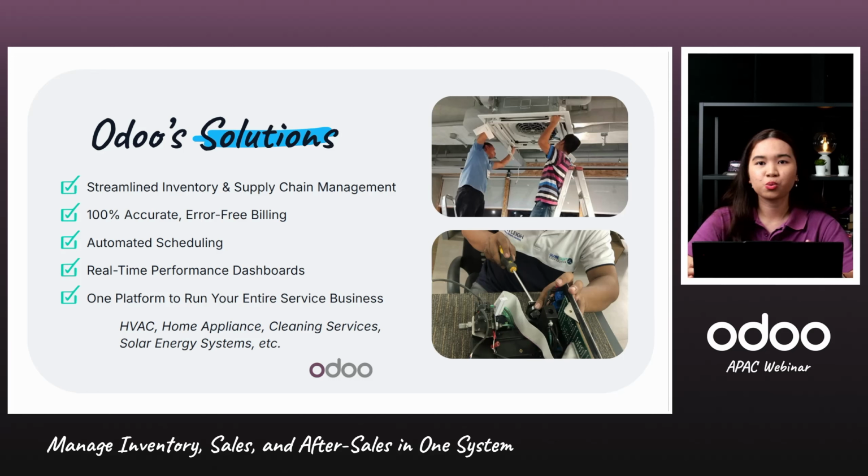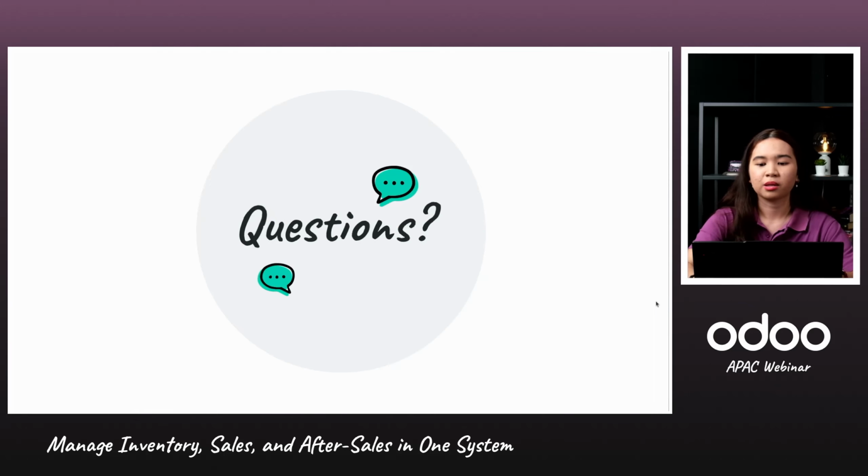Take note that this workflow is also the best practice that we have for any business with after-sales operation, including HVAC, home appliances, cleaning services, and other industrial machinery sectors. Okay, right now, we can open the floor for questions.